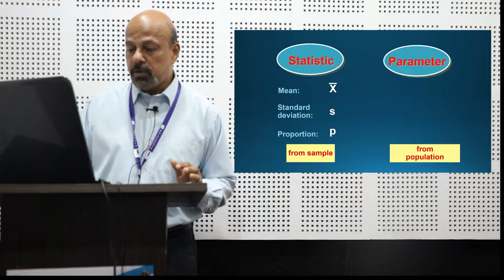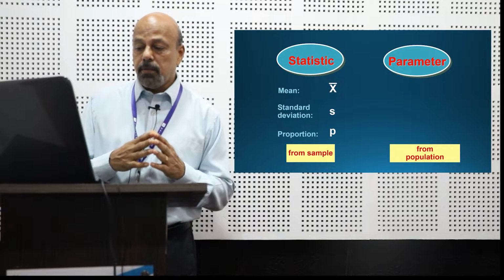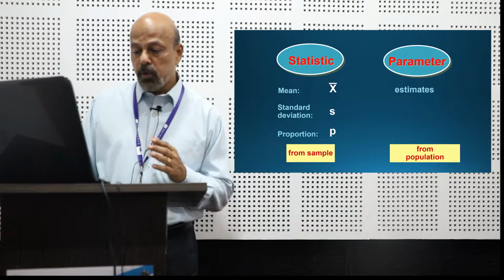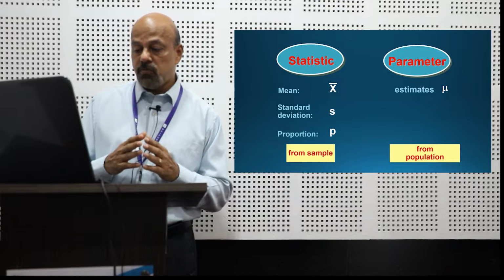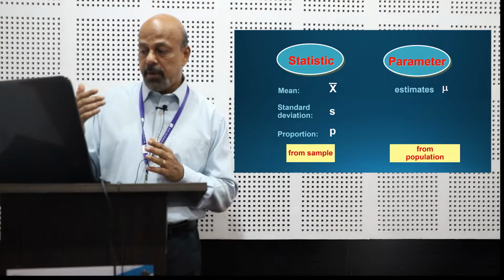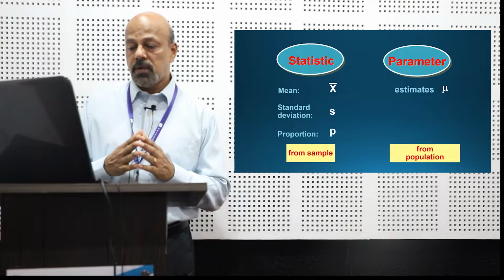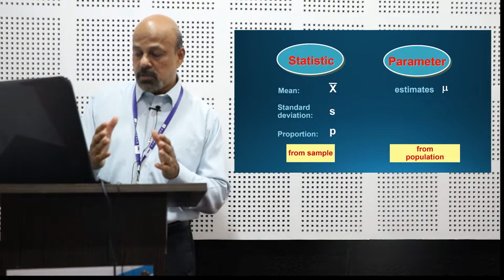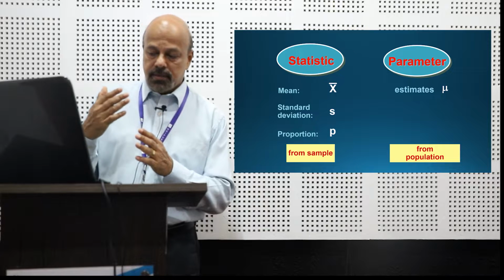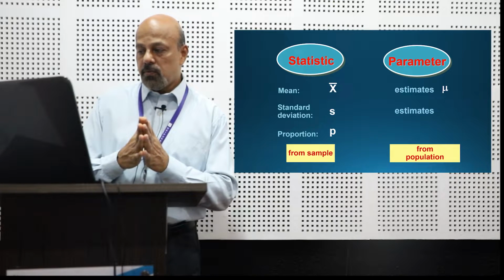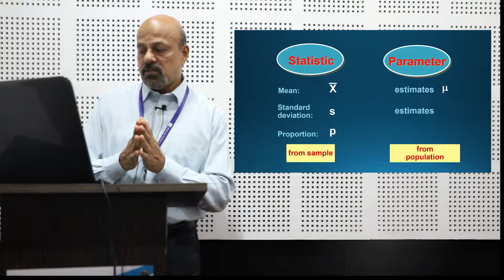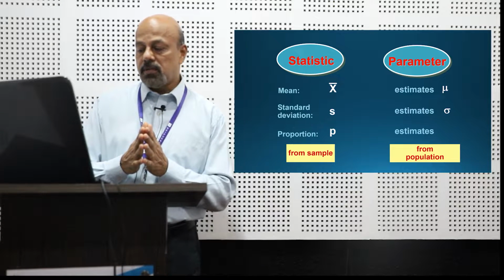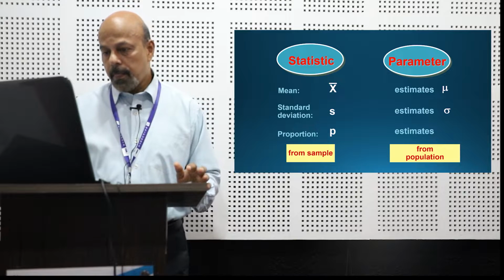It comes from the population. The mean for the population parameter is mu, the standard deviation is sigma, and for proportion it is rho.